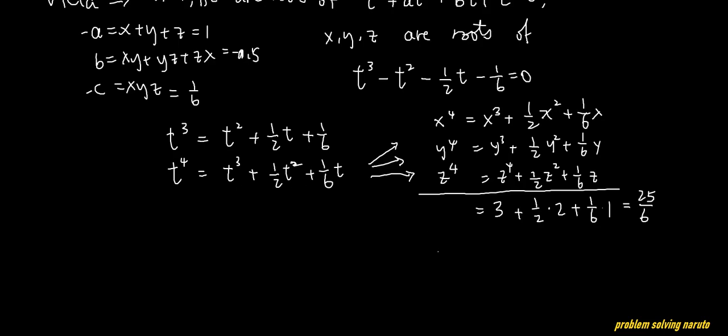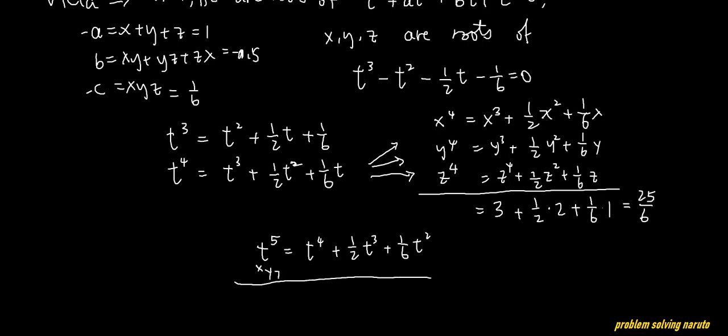So t to the 5 would be just t^4, t^3, t^2. So if you plug in x, y, z, and you sum t to the 4, that means x^4 plus y^4 plus z^4, you get this. And you get 6.